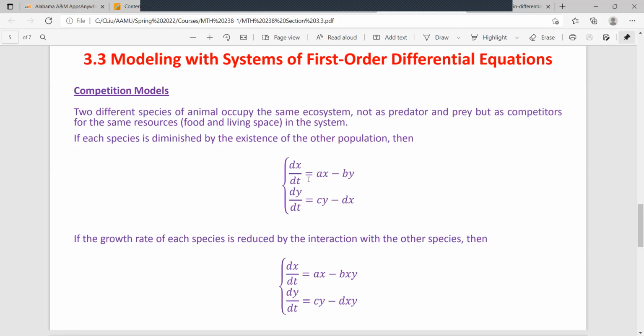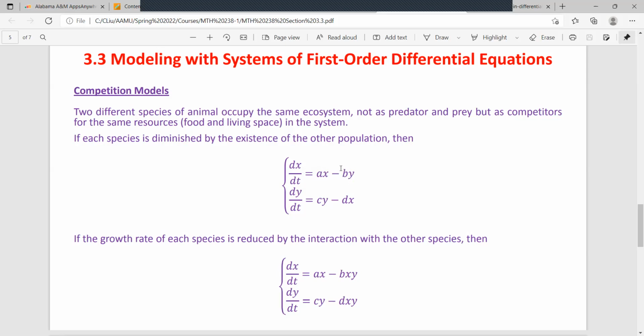The first term on the right-hand side is just from the natural growth or reproduction of the species. But the other term, negative by, is because of the existence of the other species.